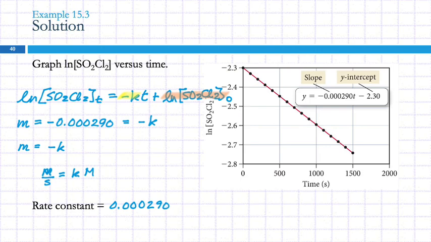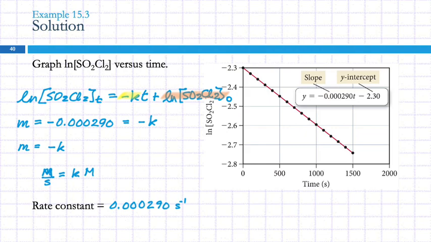That's supposed to be the same kind of an M. So I can tell from that that the unit here is per second. We have demonstrated that this is a first order reaction because this graph gave us a straight line. If it was zero order or second order, it would have a curve to it.